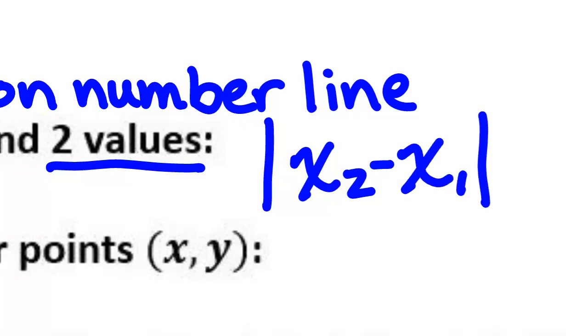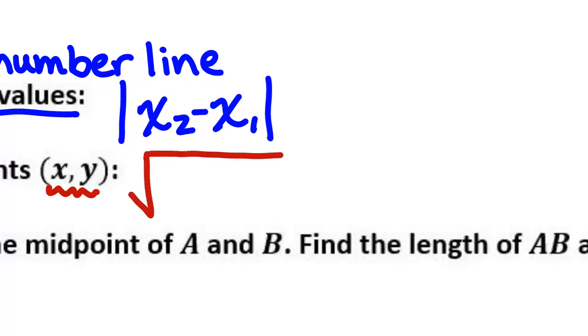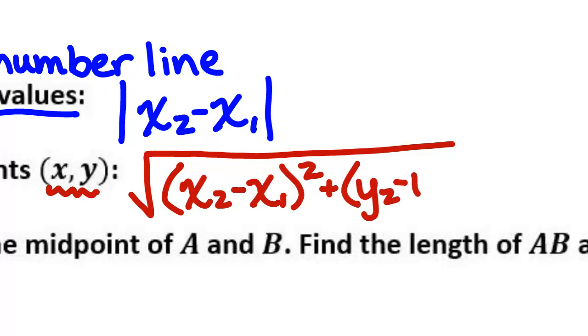You just minus your x's and make it positive. Doing distance with points that are x, y, that's when we have to do our big long square root one: x2 minus x1 squared plus y2 minus y1 squared.